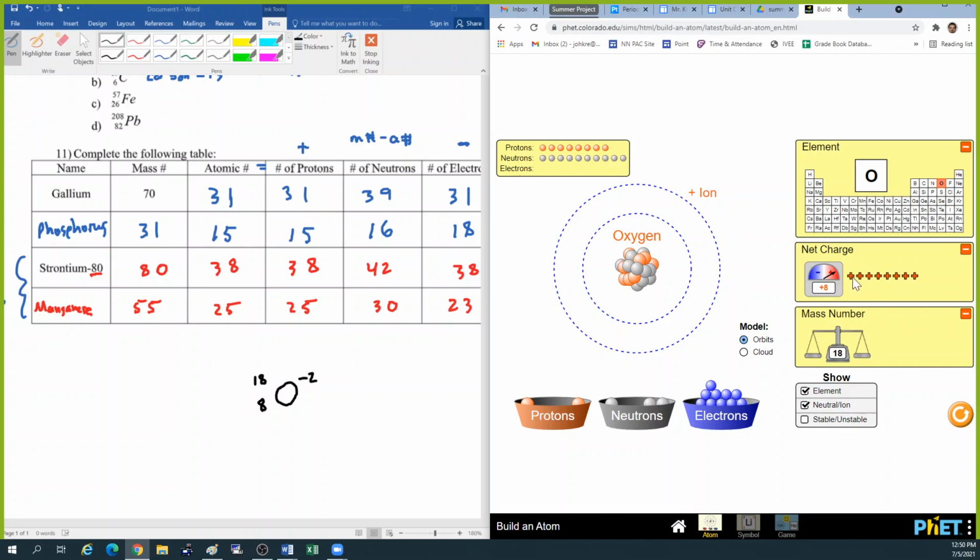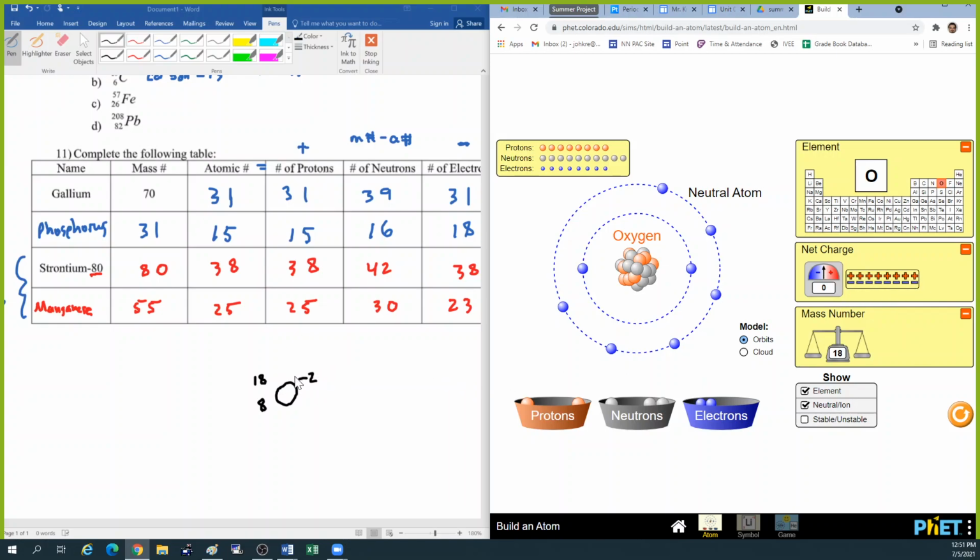But right now, I have 8 plus charges that are not accounted for. They're not balanced out, and I need to get to a -2 charge. If I put in 1, 2, 3, 4, 5, 6, 7, 8 electrons, that gets me even. So now I have a neutral oxygen atom.